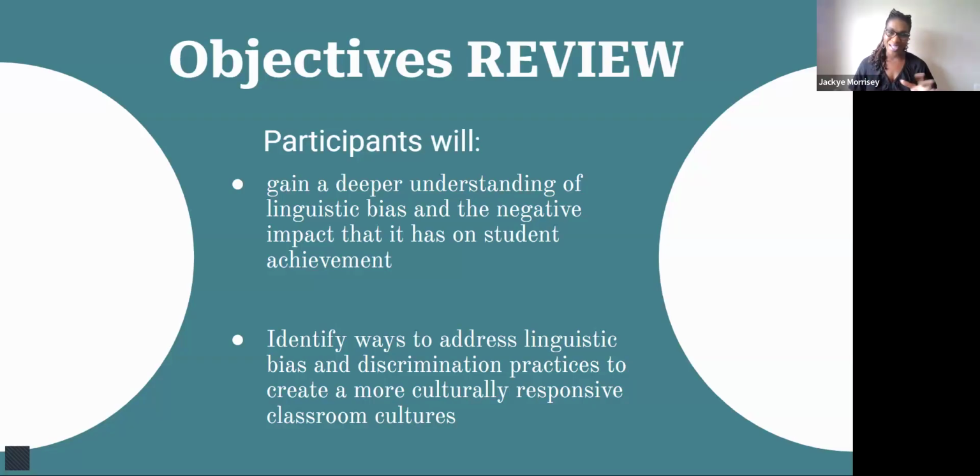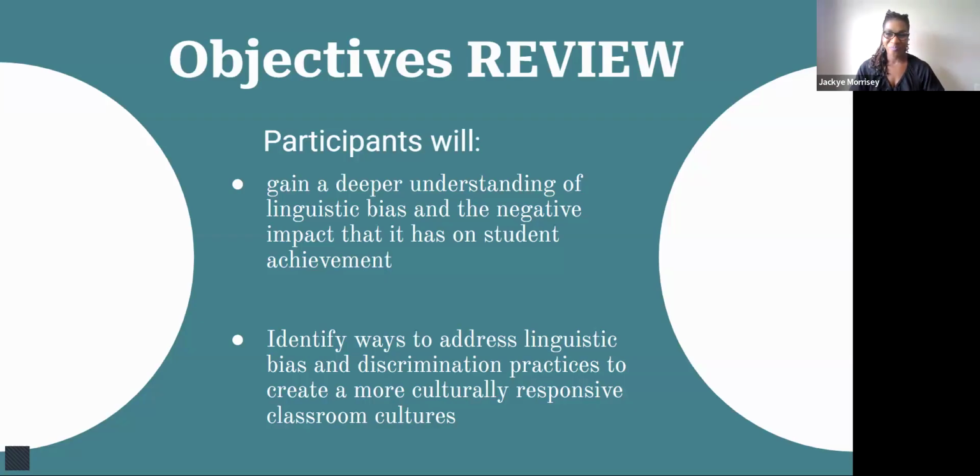We also highlighted some of those ideas that O'Quinn brought out, like being that lead learner, acknowledging that there is a problem, seeking help for yourself, and also seeking to educate others. Remember how she said that the teacher went to the library and learned more about AAVE? Not only did she learn it for herself, but then she took it back to her students.